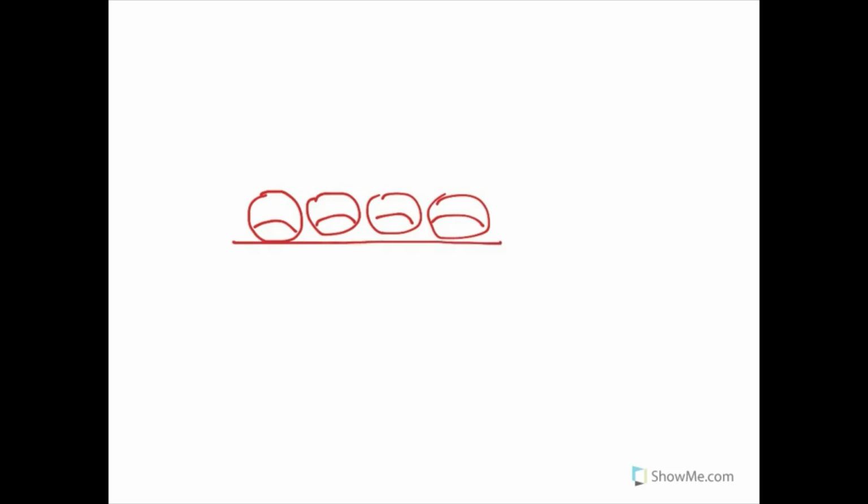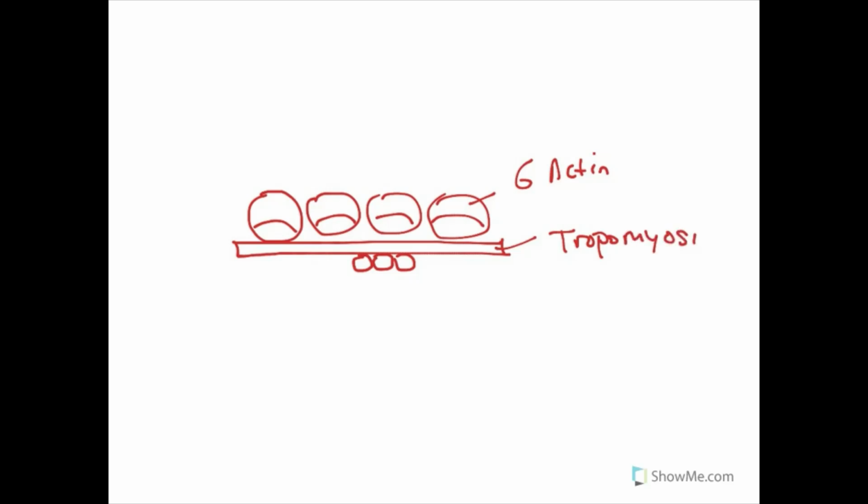And then the troponin-tropomyosin complex. So tropomyosin, and then troponin and its three subunits. So we have G-actin, we have tropomyosin, we have the three troponin subunits.